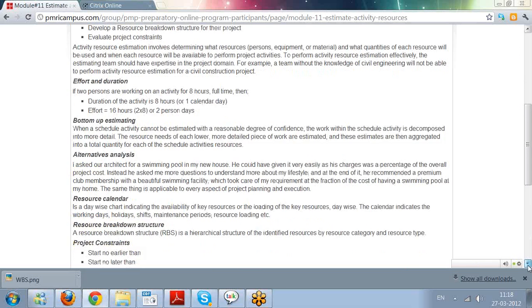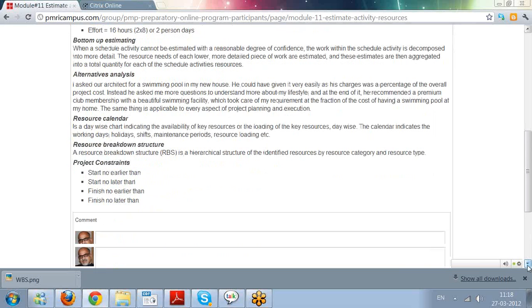The next one is project constraints. Whenever we talk about projects, we are talking about different project constraints, like start no earlier than. Don't start a training program before 9 o'clock, because people will say they'll come, but obviously there will be latecomers. That's an example of start no earlier than.